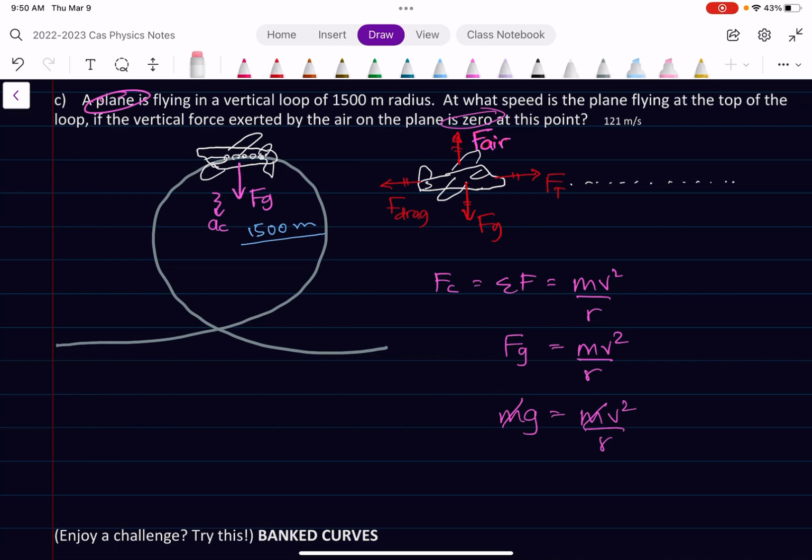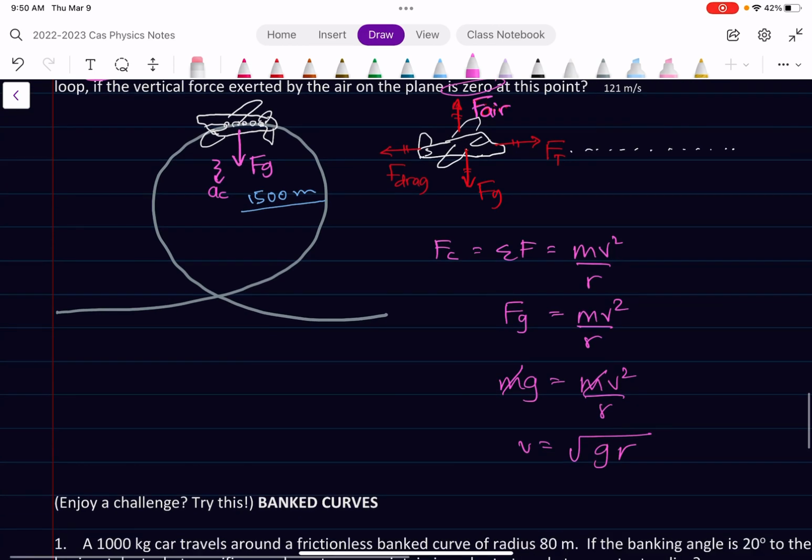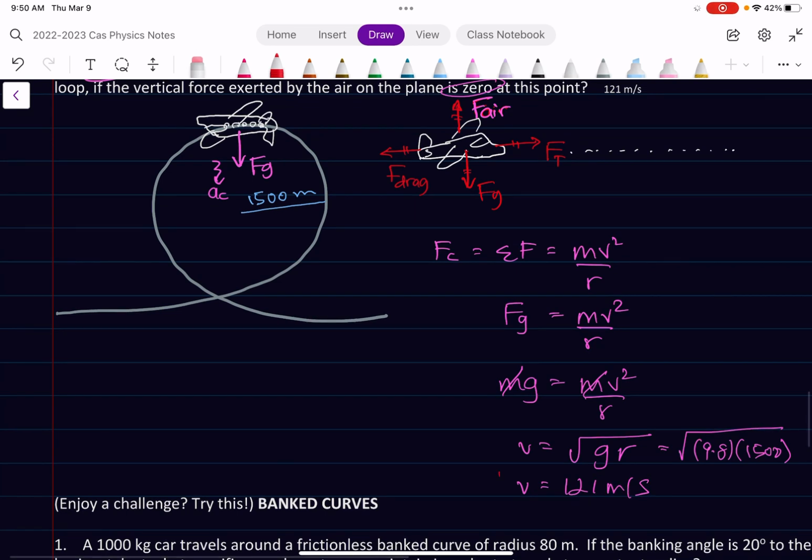So now we're just going to solve for v. v equals, you can do the math, but it's the square root of g times r. And when you plug in the numbers, g is 9.8, r is 1,500. Taking the square root of that, you end up with v equals 121 meters per second.